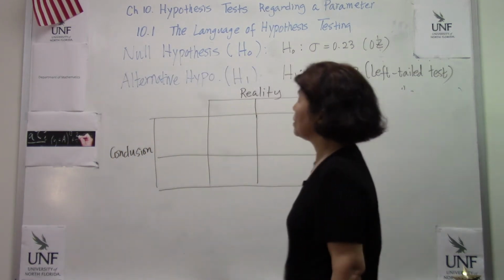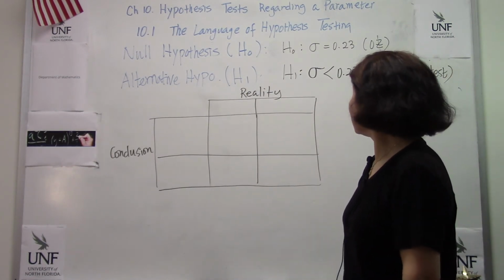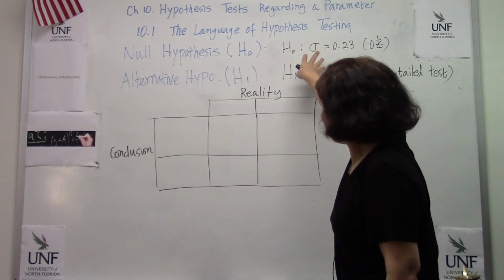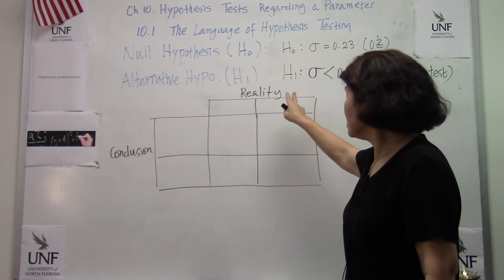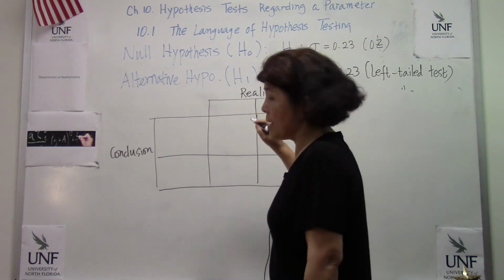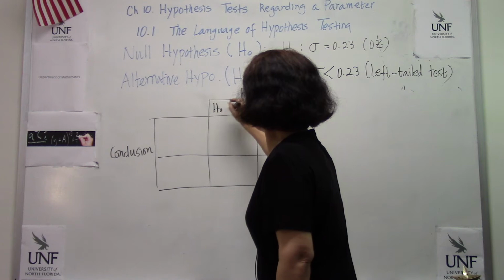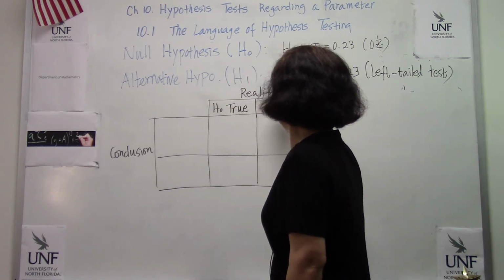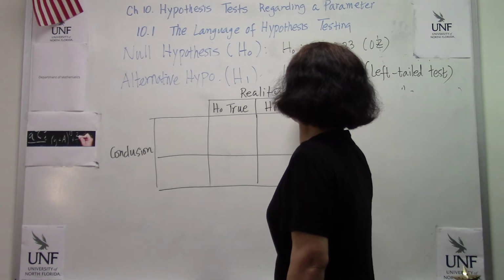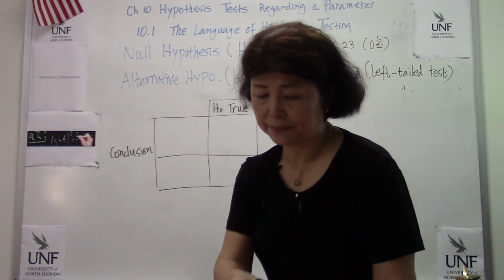We can come up with four different conclusions. We are talking about H naught and H1. H naught is true, or H1 is true. Only one way or another, no other case.